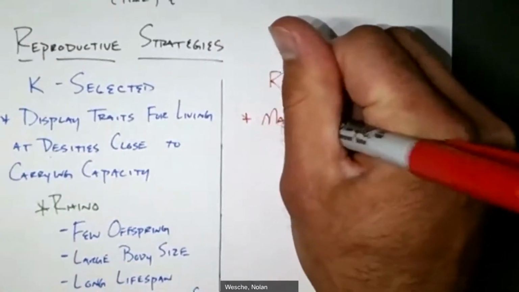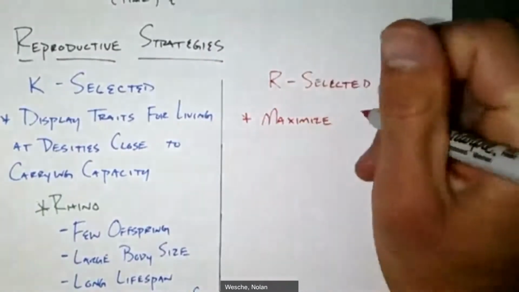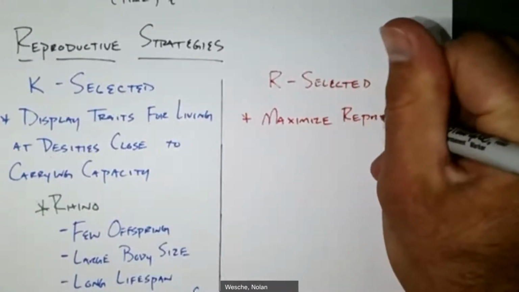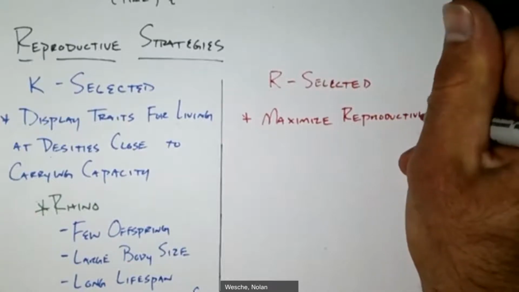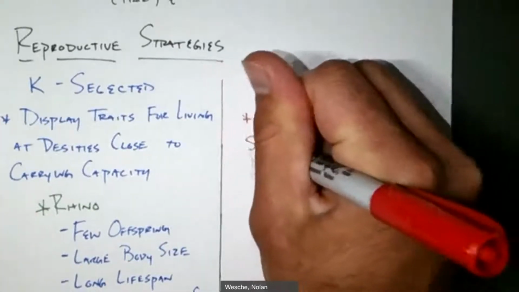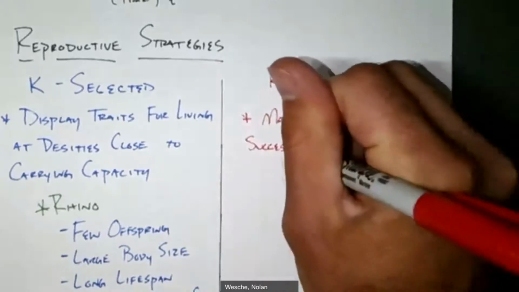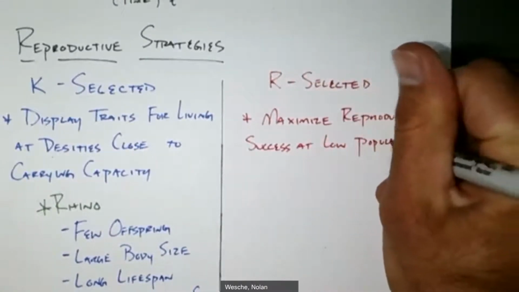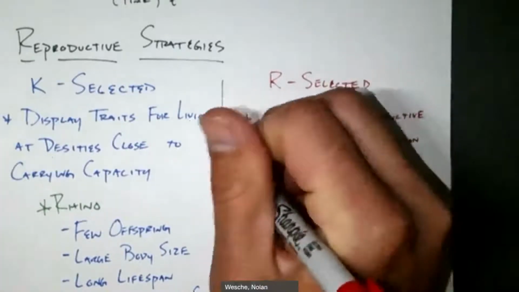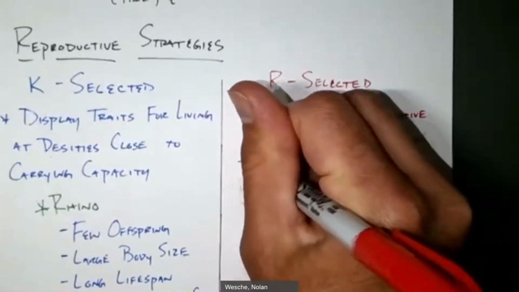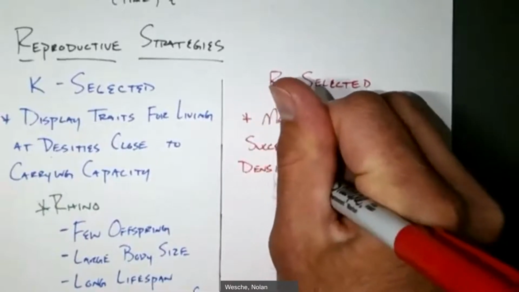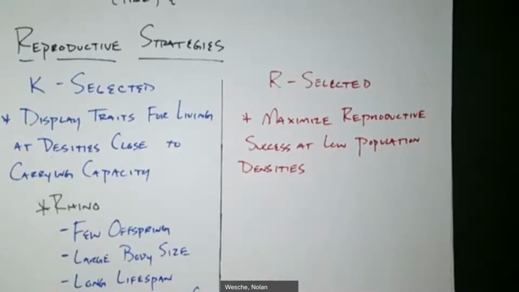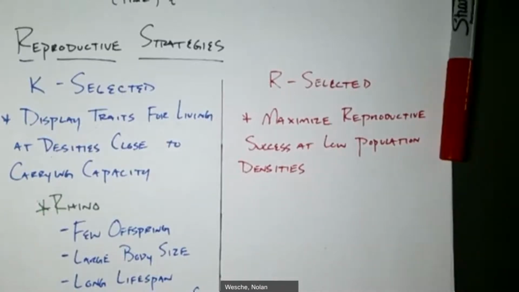So maximize reproductive success or growth, population growth at low population densities. So when population densities are low, these organisms are going to try to maximize their success and increase their numbers in great amounts.